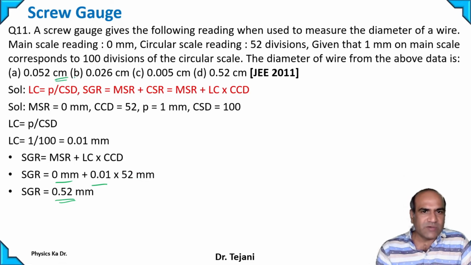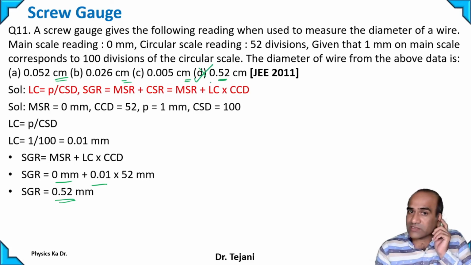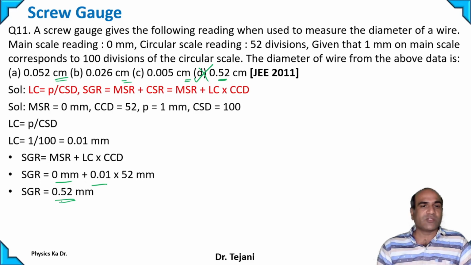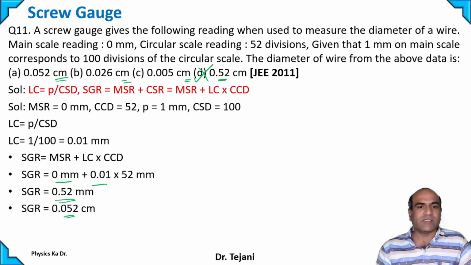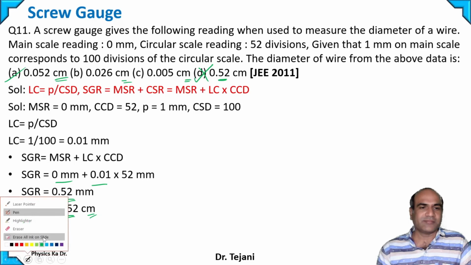Millimeter is not given anywhere here. 0.52 is given, but it is in centimeter, so don't check this. This is the wrong answer. Converting into centimeter, it becomes 0.052. The solution is already there.